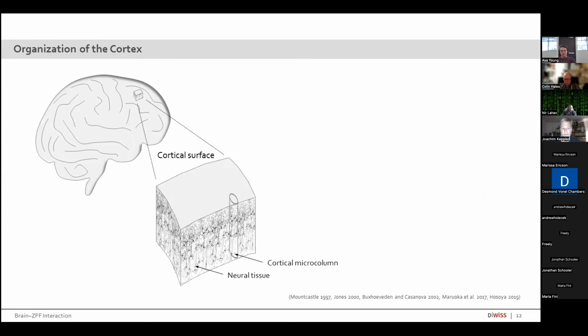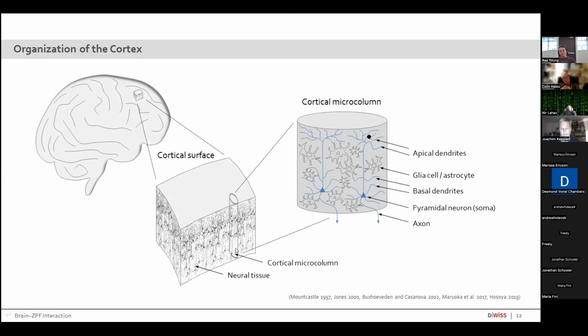The cortex is organized horizontally into layers and vertically into columns. And it's widely accepted that the basic unit of operation of the cortex is the so-called microcolumn. And a typical microcolumn consists of roughly 80 to 100 neurons. Most of them are pyramidal neurons, and they are equipped with branched dendritic trees.